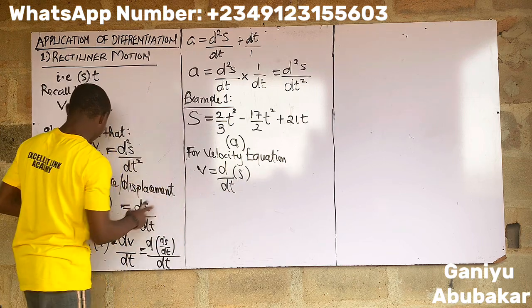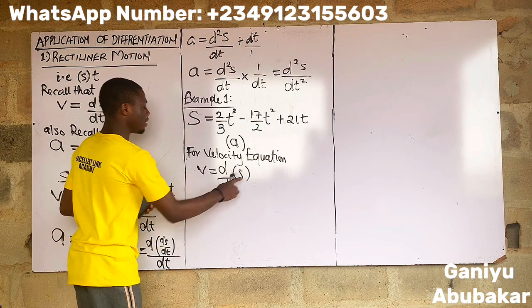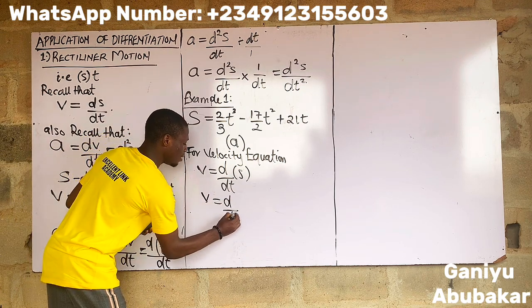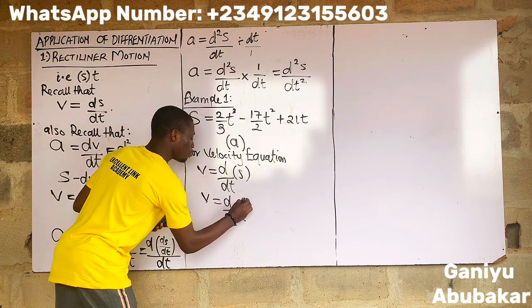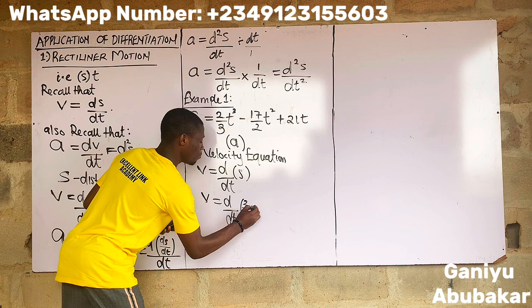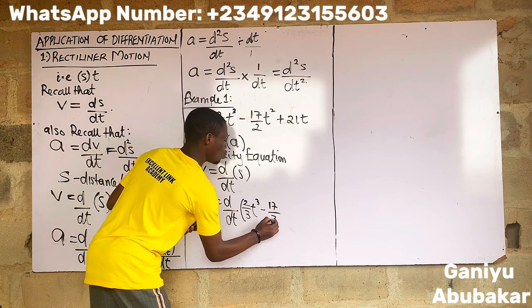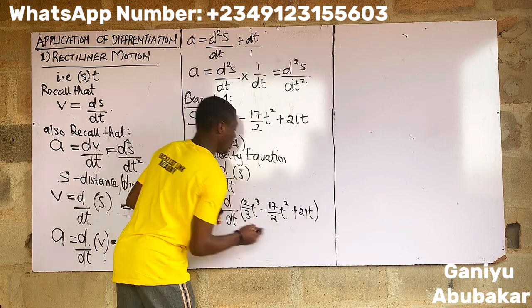We said that earlier. So v now is equal to d over dt of x, and x is everything here: 2 over 3 t cubed minus 17 over 2 t squared plus 21t.